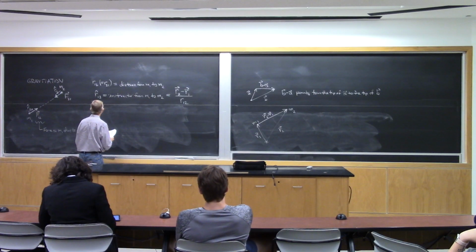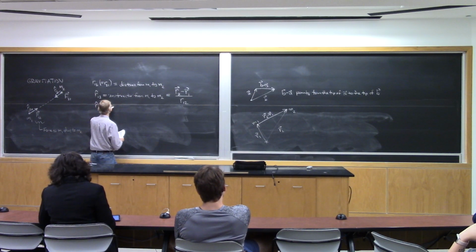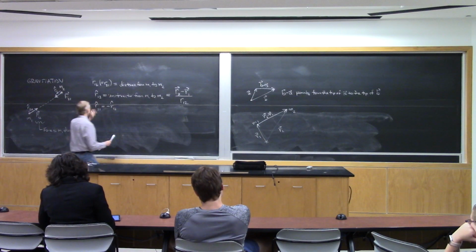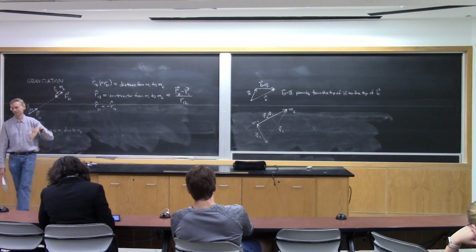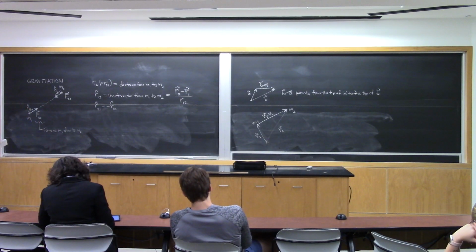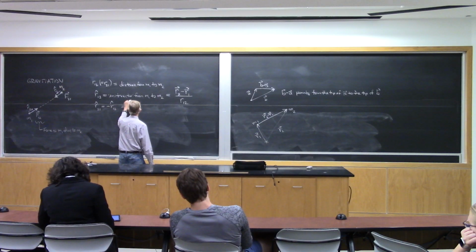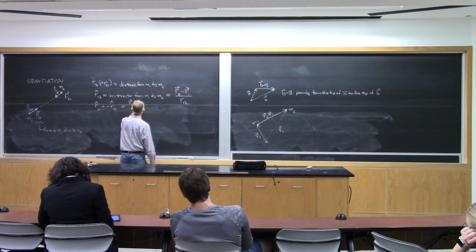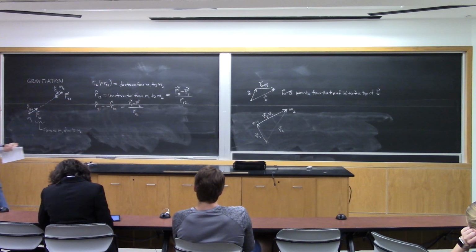Right, and so R21 hat is minus R12 hat, so it would be R1 minus R2 over R12. Either I could put R12 or R21, those are the same thing.